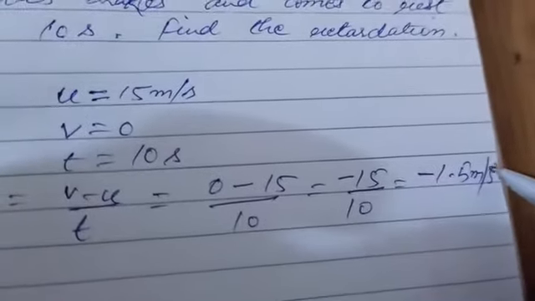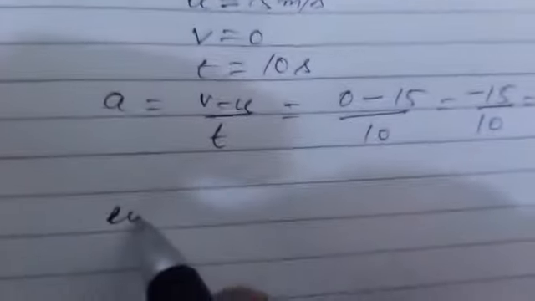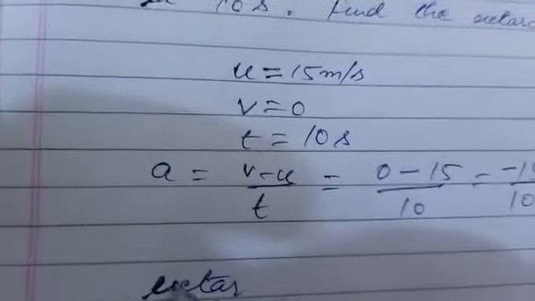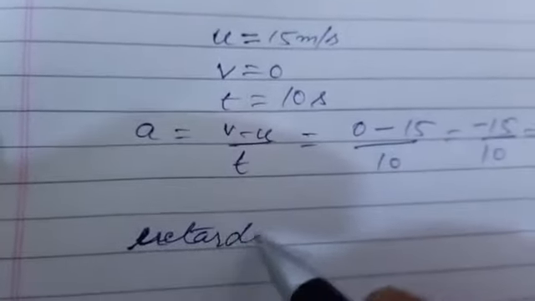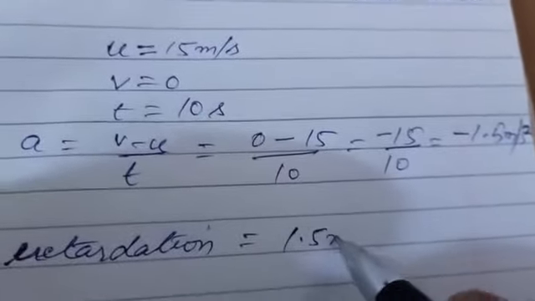Okay, meter per second square. Clear? Now what will be the retardation? Remove the negative sign, you'll get the retardation. It will be simply 1.5 meter per second square. Clear?